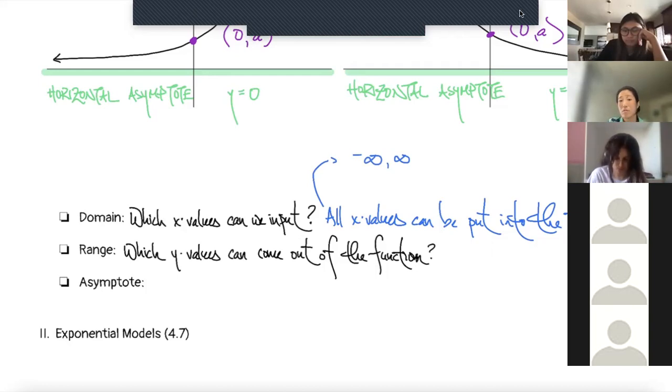All of those would be x values that you can put into the function. But we're going to surround these with parentheses. So we'll put parentheses around that negative infinity to infinity.